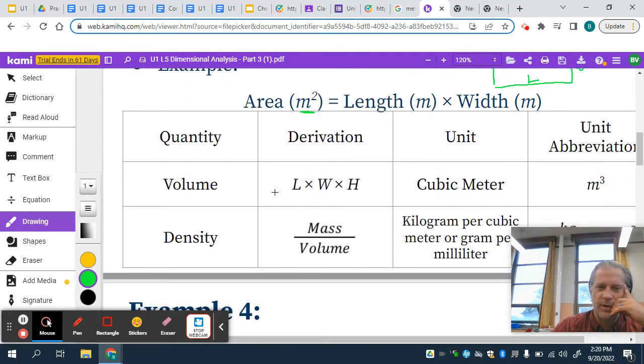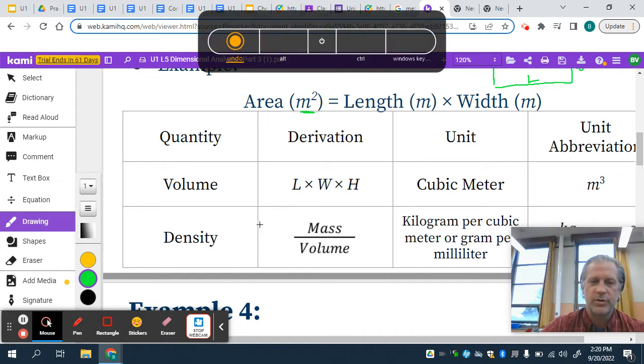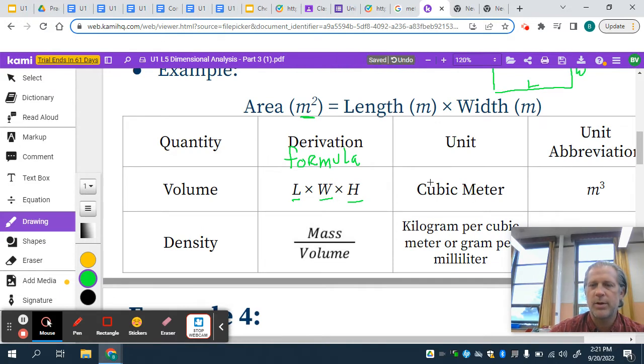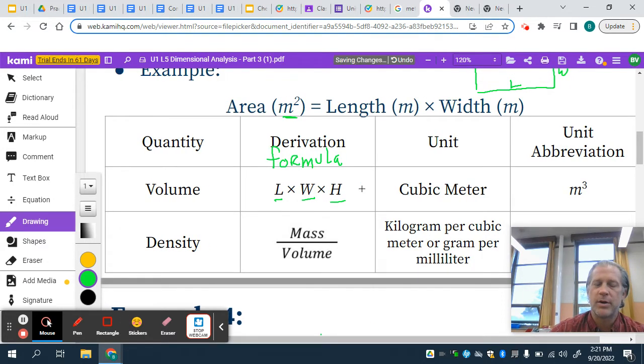Let's talk about two different types of derived units that you're going to be responsible for working with. One of them is the volume, which we just talked about. We take length times width times height. And when I say derivation, I'm really talking about the formula or how we get that. Now, the unit for volume is technically the cubic meter, and the unit abbreviation for volume is the meter cubed.